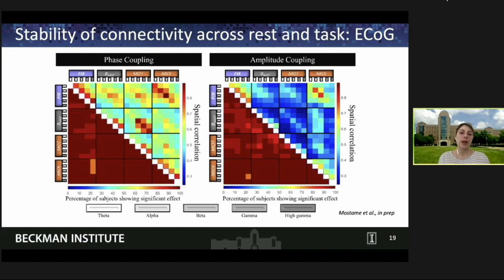So I hope I convinced you that it is methodologically possible and that it is extremely informative to look at wide scale functional connectivity, both during task and during resting state.